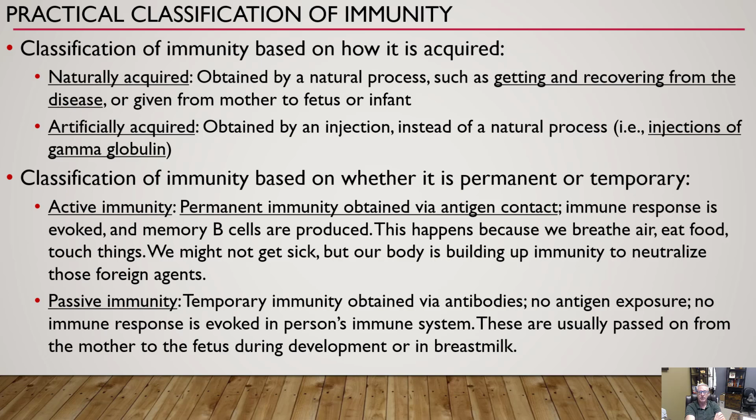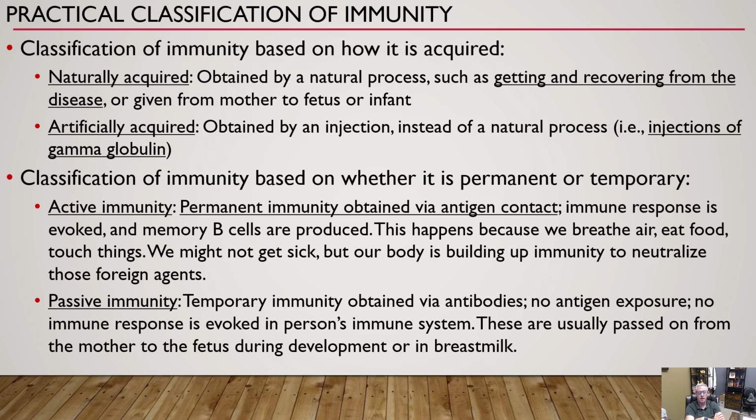Or if we got it from our mom, from breast milk or something like that, that is a naturally acquired process. Artificially acquired is from an injection, like gamma globulin or something like that, or a vaccine. Those are easier to understand than whether or not it's permanent or temporary. So if you got a disease, you naturally acquired it, or if you got an injection or a vaccine, that is artificially acquired.